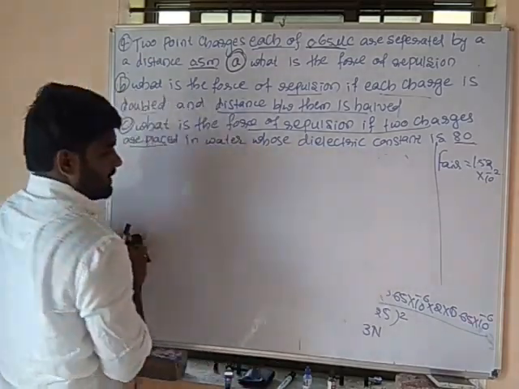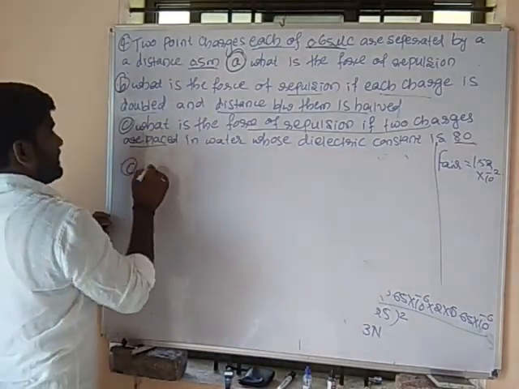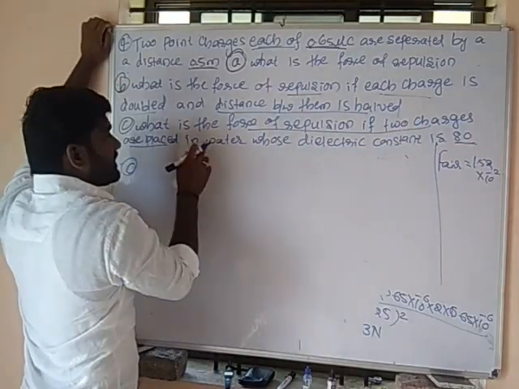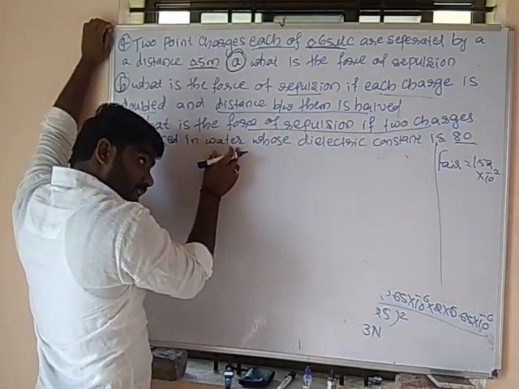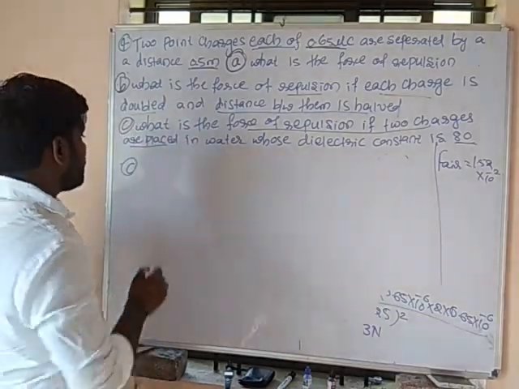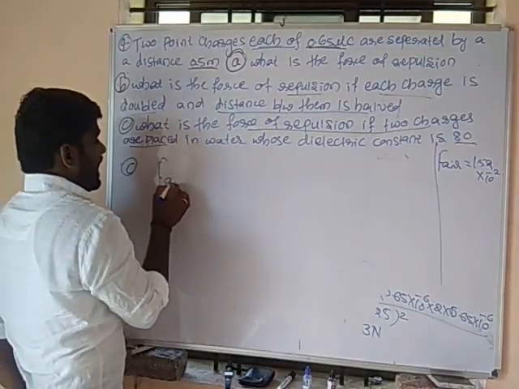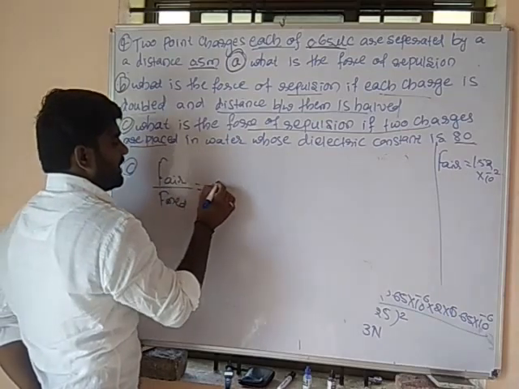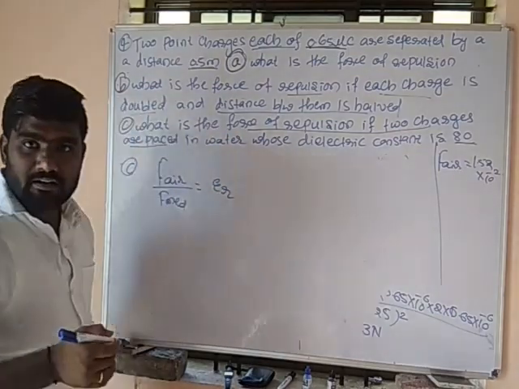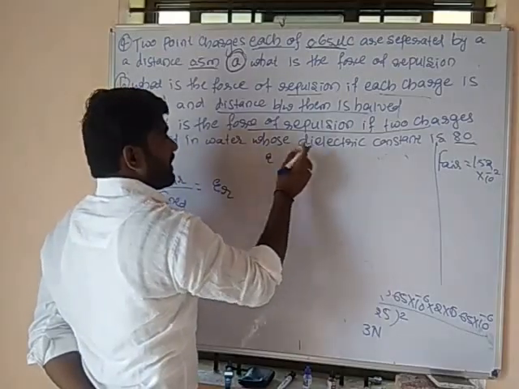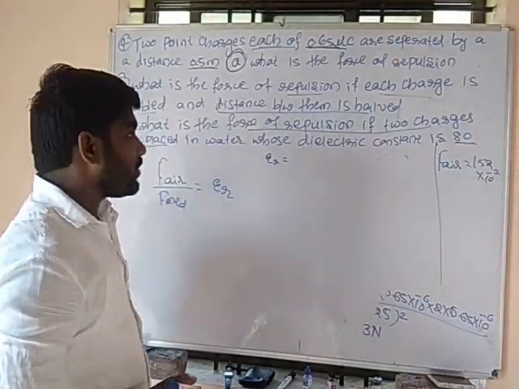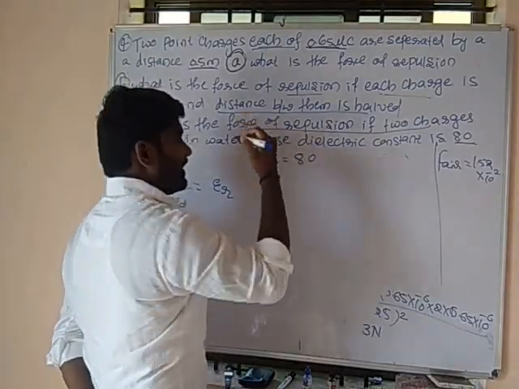So your C will be: what is the force of repulsion if the two charges are placed in water? Water itself is told here. So we know that F at air divided by F at medium is equal to epsilon R. Epsilon R, our value will be 80.